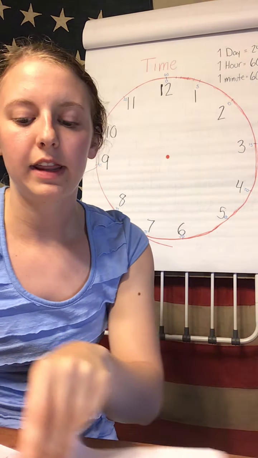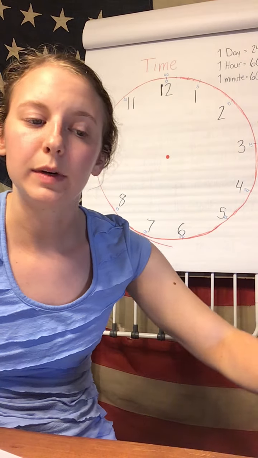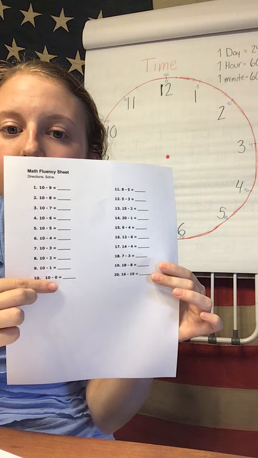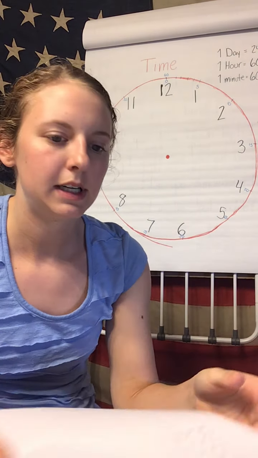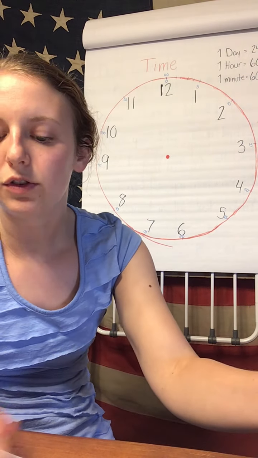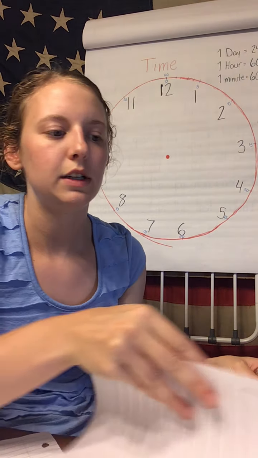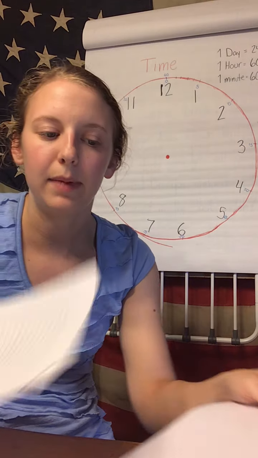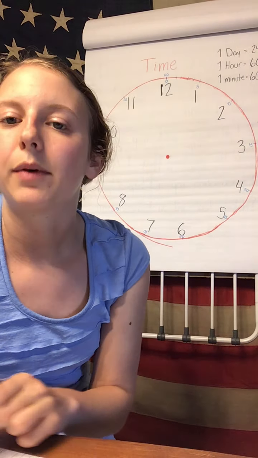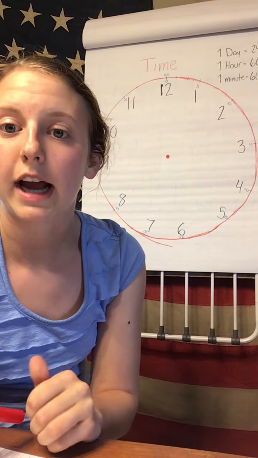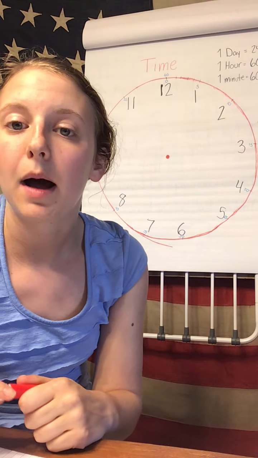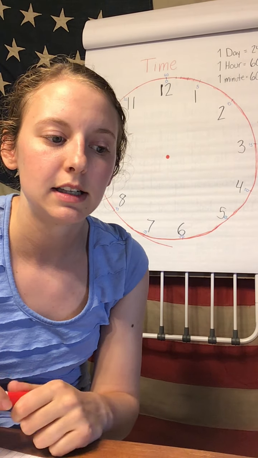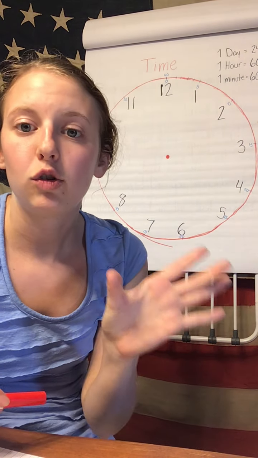Before we get started on that, we have some math fluency. Now, if you have it printed out, you already have your 20 problems that you can work on. If you don't have it printed out, you can always use a piece of lined paper. And I want us to practice our subtraction facts. So again, I want mom or dad to call out numbers to give you a subtraction sentence, and you can use within 20.